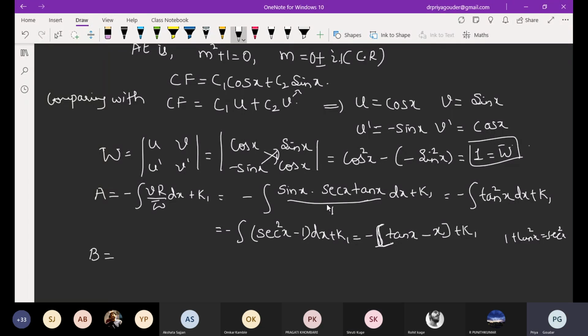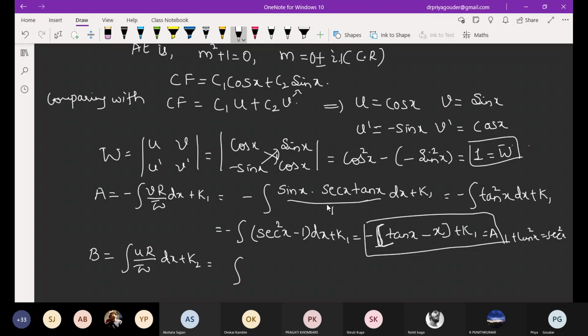This is the value of A. Isn't it simple? Let us find B. What is the formula? What is U in this problem? Cos x. What is R?